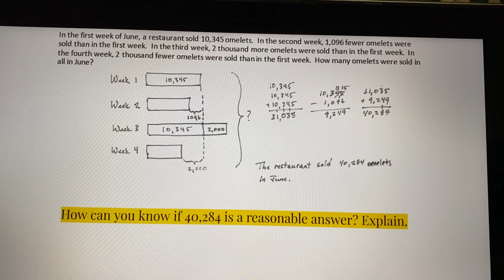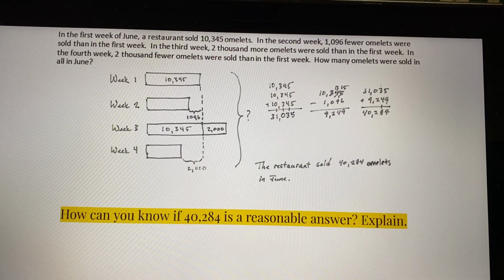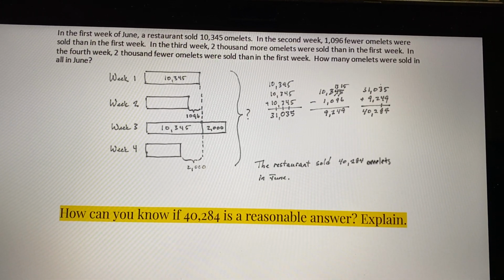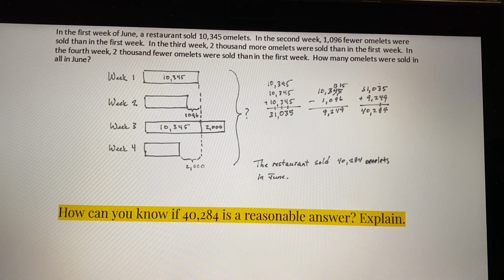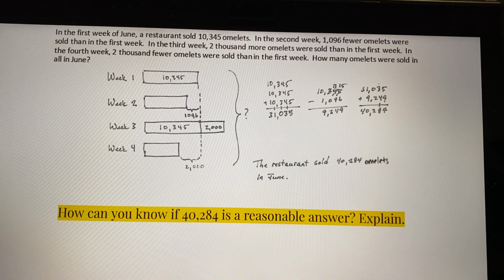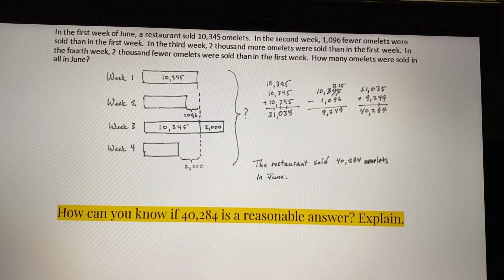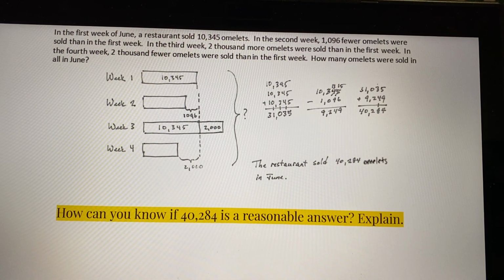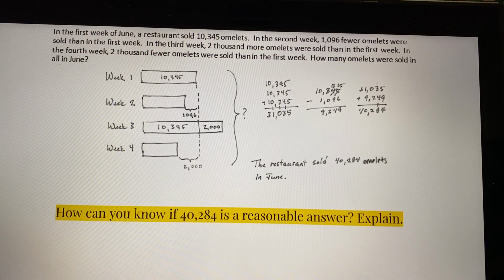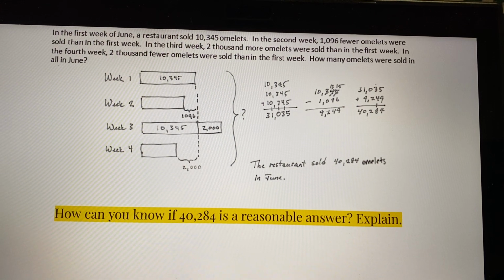Then they took the sum of those three, 31,035. They also took a fourth 10,345 when they subtracted 1,096. That's how they got week 2.